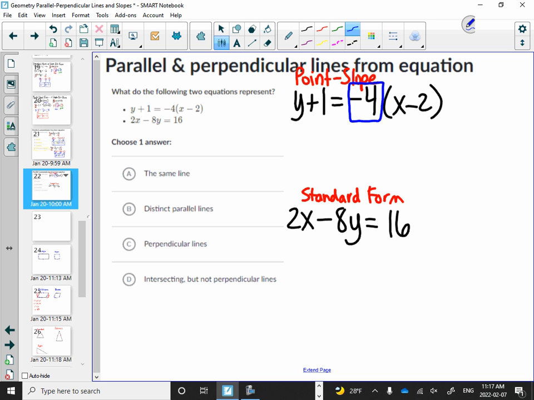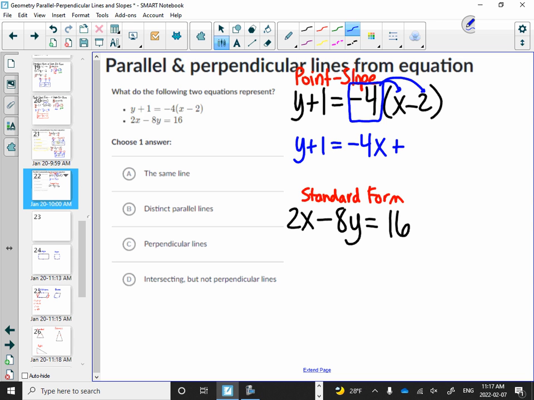All right? So I'm going to do that real quick. So in this example, when I distribute this to both parts, I have negative 4x and negative times negative positive 8.